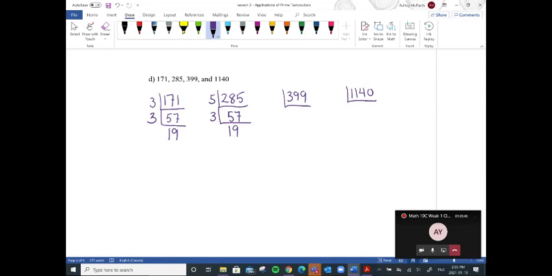399, all 3 digits are divisible by 3, and if I add them together, 18 plus 3 is 21, is also divisible by 3. So 3 will work here. And it'll give me 133.